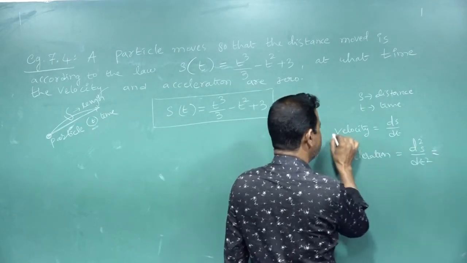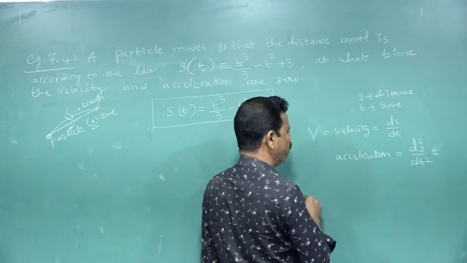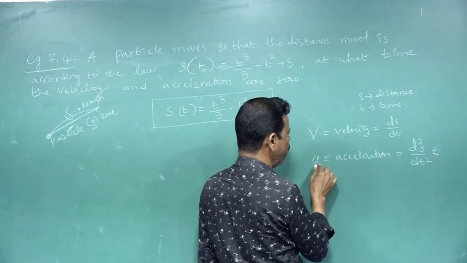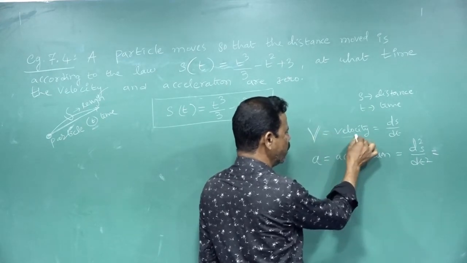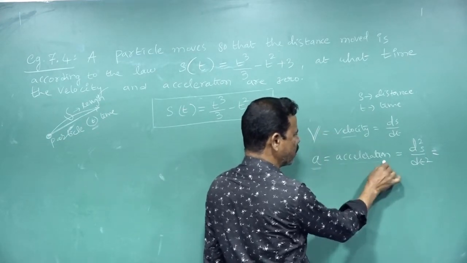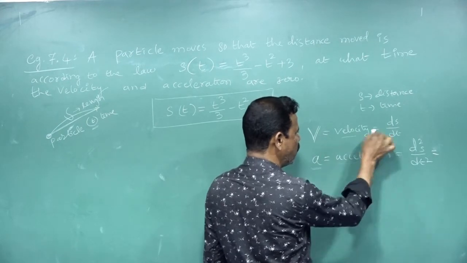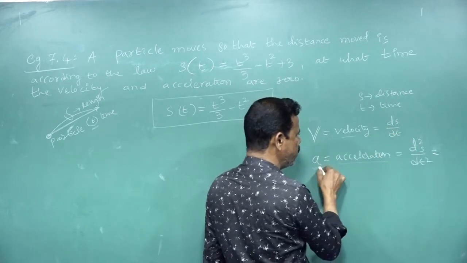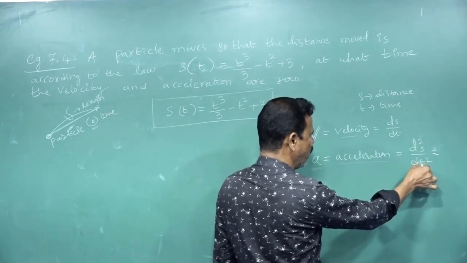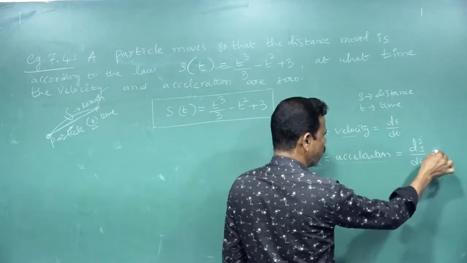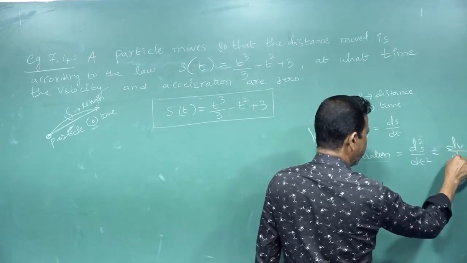Otherwise, v is denoted for velocity and small a for acceleration: v is equal to ds by dt, a is equal to d square s by dt square. Or in terms of velocity, dv by dt also.